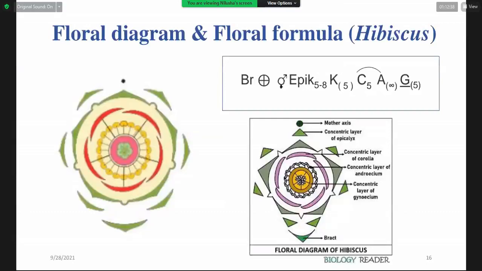Because of epipetalous condition, we have to write the floral formula with attachment between the corolla and the androecium parts.